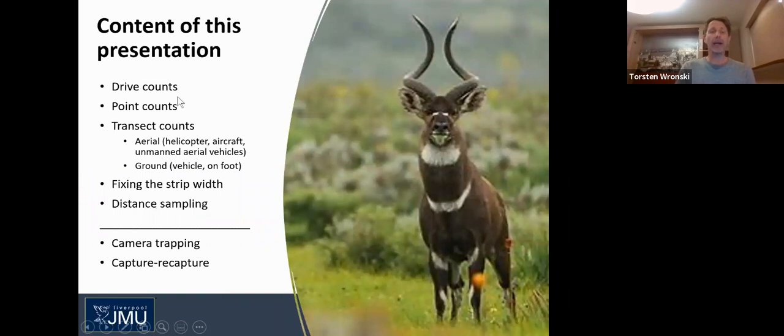Today, we will have a look at different counting methods of larger wildlife species, such as drive counts, point counts, transect counts, whether aerial or ground, how to fix the strip widths, and eventually we will come to modern distance sampling and using specific software. In the second part of this presentation, I will give you some insights into camera trapping and into the recapture method.